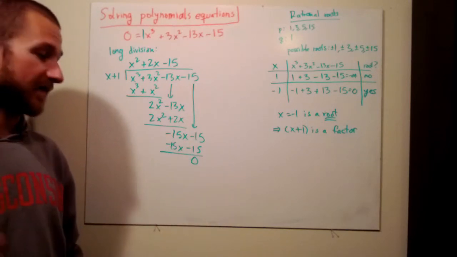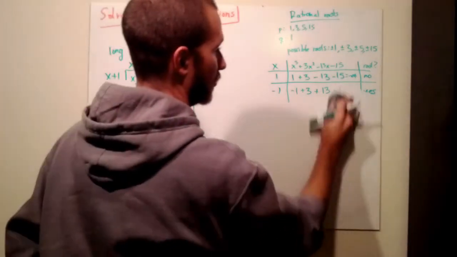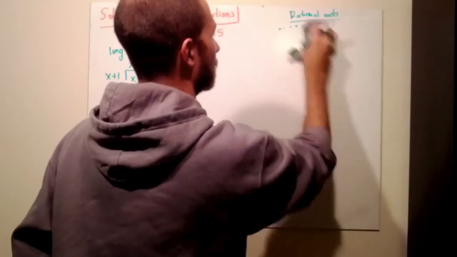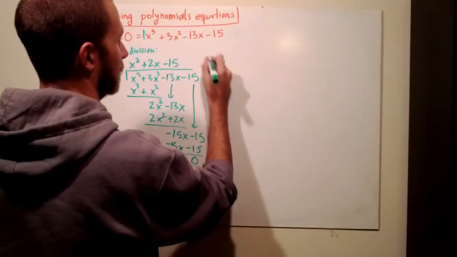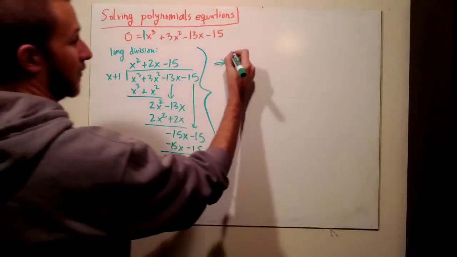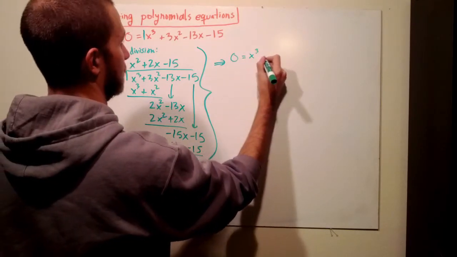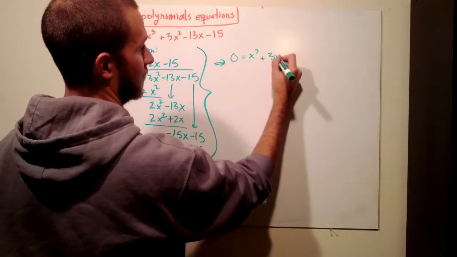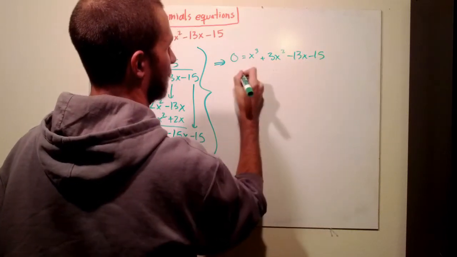Okay, so what this tells me at this point, let me give myself some room here, is that 0 is equal to x cubed plus 3x squared minus 13x minus 15.